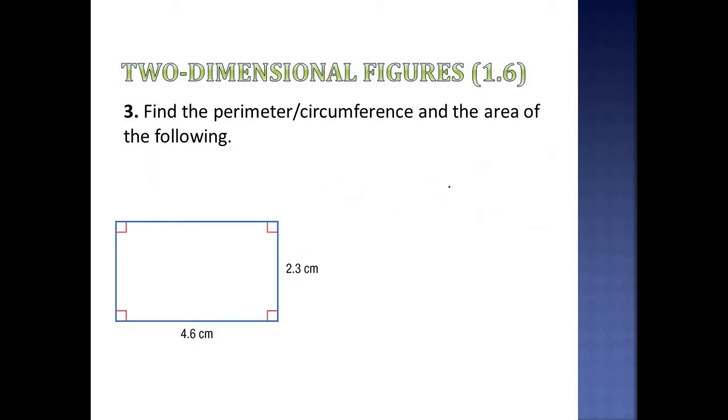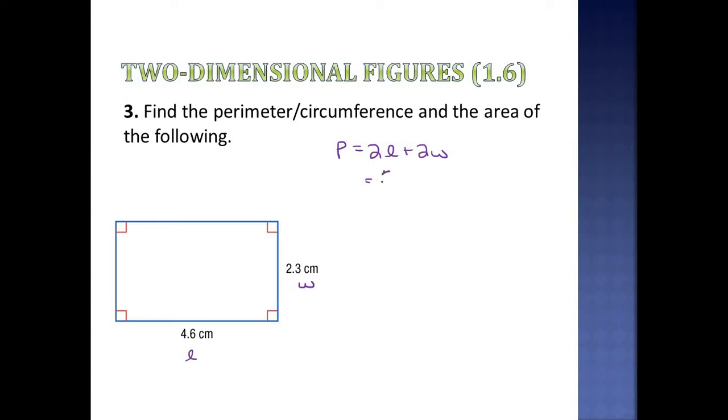Alright, next example, find the perimeter / circumference and area of the following. Right here we have a rectangle here, so let's do perimeter first. Perimeter is twice the length plus twice the width. Let's let the length be 4.6 centimeters and the width be 2.3.